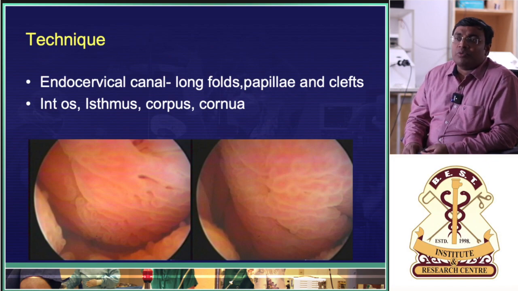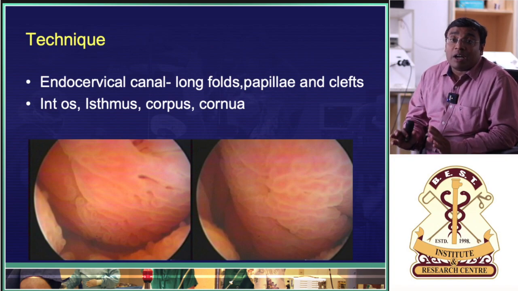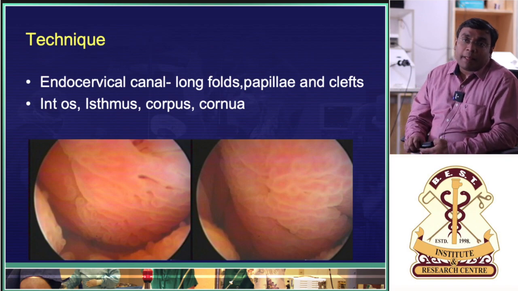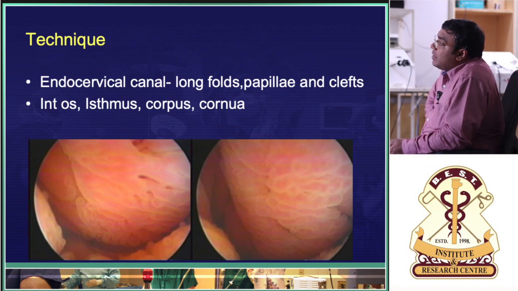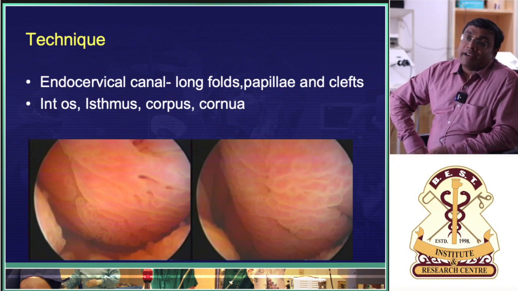Majority of the times you will be correct. 95% of the times you will be correct. 5% of the times it may not correlate. It's still okay. But at least you have a fair amount of knowledge when you're doing a hysteroscope. Okay. Second thing is, the advantage of the cervical rugosities is what you should look for. So that will guide you.